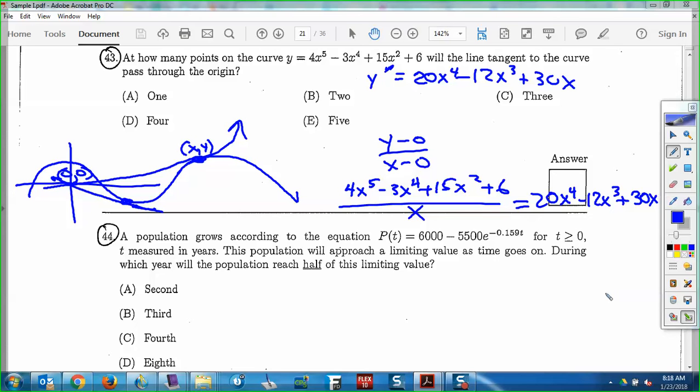While you're doing that, just to reiterate, the key to this is recognizing that this is the tangent line problem. At how many points on the curve? In other words, they're saying find x. Find where the tangent line is touching the curve that meets these conditions. That's what the tangent line problem is.